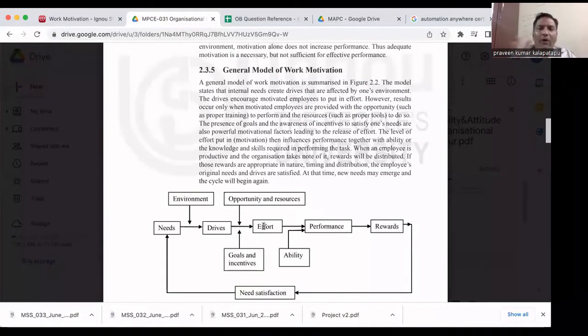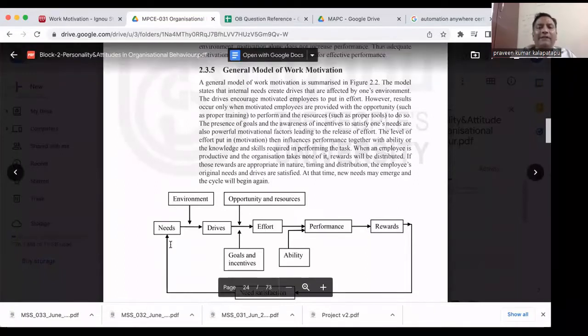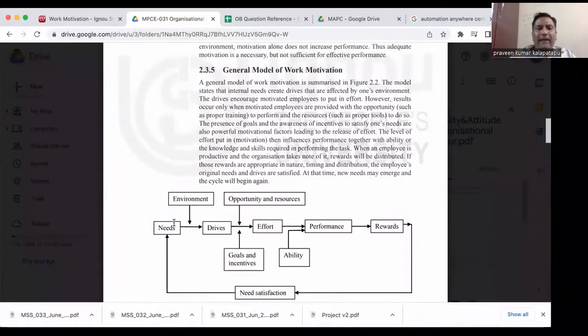It all starts with the need, and there is an environment provided to fulfill that need, and that is where the drive starts. Now this drive requires an opportunity, and it also requires resources, and the goals, what exactly you are going to get if you do this, and the incentives are also getting clarified here.